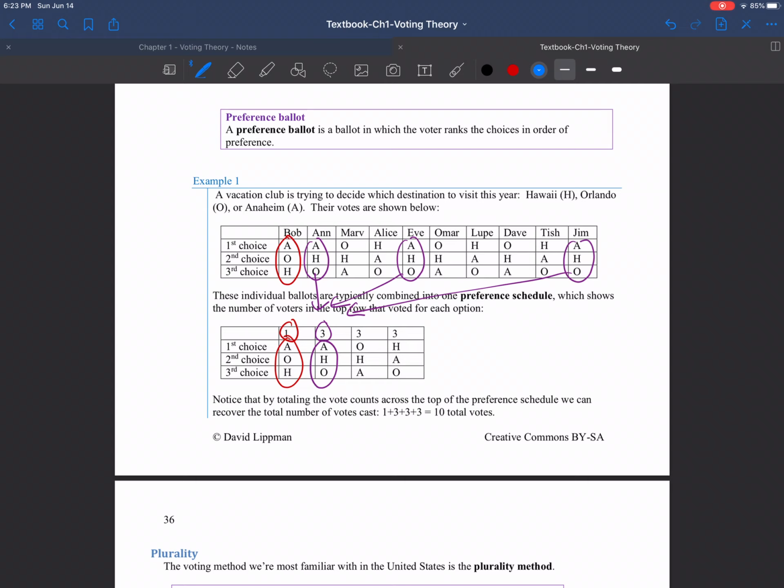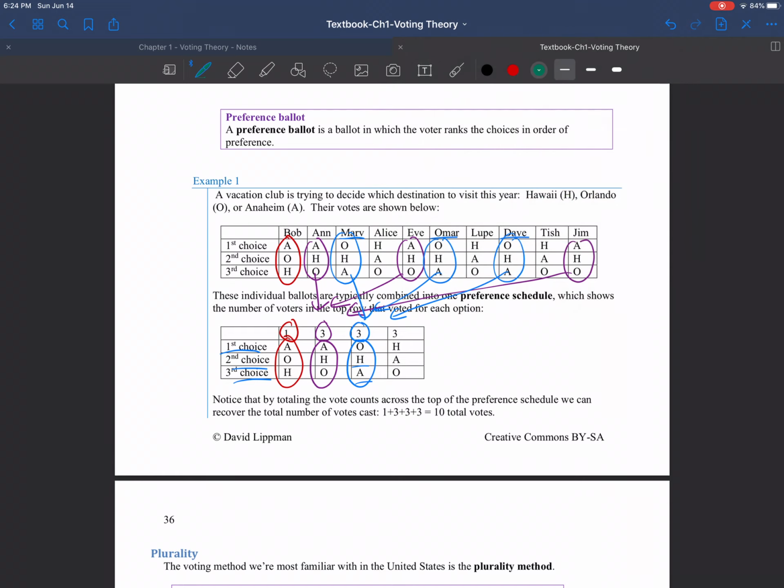How about the next one, OHA? 3 people have that preference. Sure enough, those 3, that's what Mary, Omar, and Dave, they all voted Orlando first. Their first choice is Orlando, second choice is Hawaii, and then Anaheim. So they're listing their preferences, first choice, second choice, third choice.